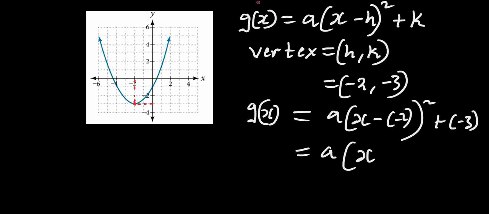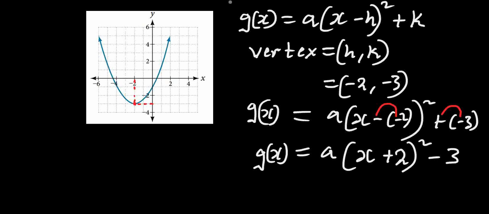Negative times negative is positive, so this will become plus 2 squared. Also, positive times negative is negative, minus 3. So g of x is equal to a open parenthesis x plus 2 close parenthesis squared minus 3.